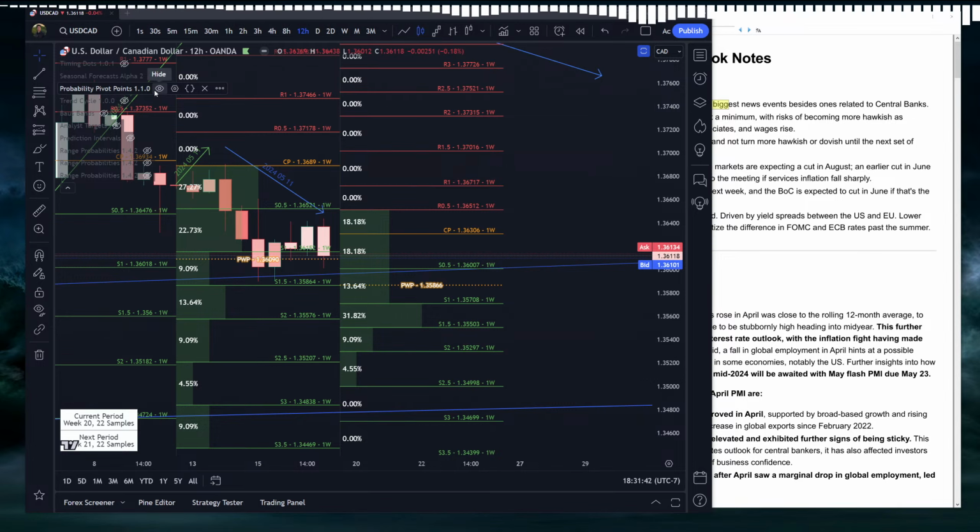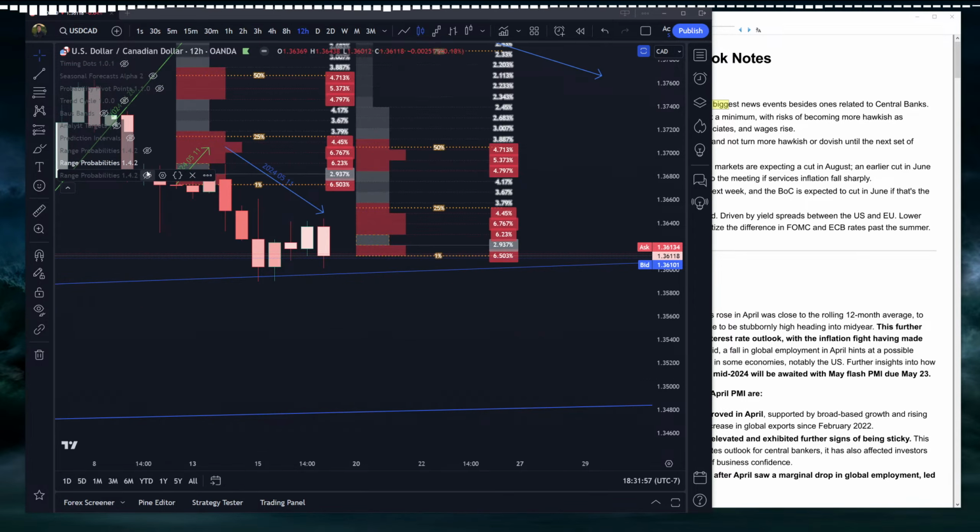So that's the more interesting thought I've had when it comes down to USD CAD. Historically, I really like trading the dollar Canadian. I really, really like trading it.